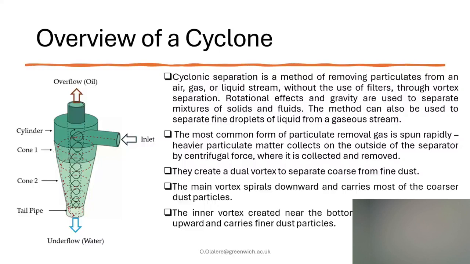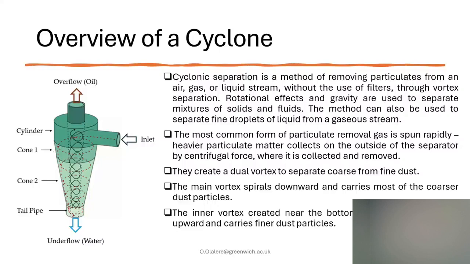A dual vortex from the inlet. This is the inlet. And this is the what? Underflow. That's the outlet. Then we have the overflow. So this is product 1, product 2, but this is the inlet.